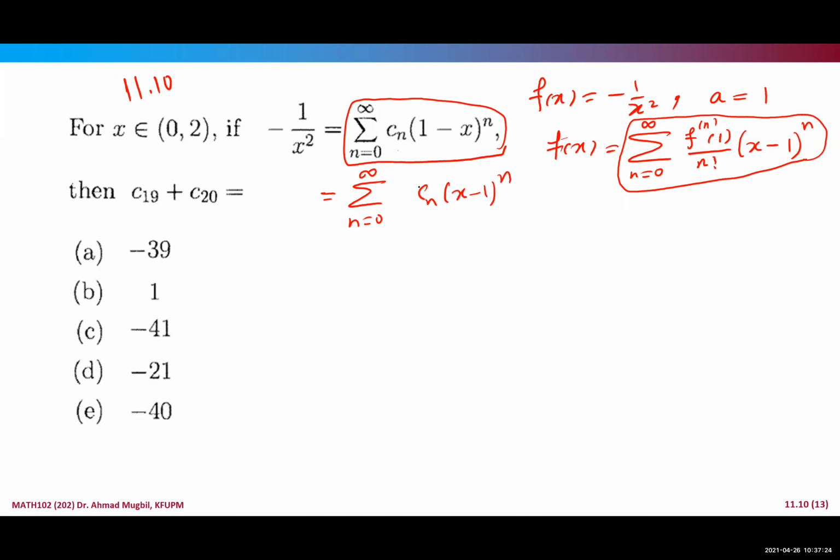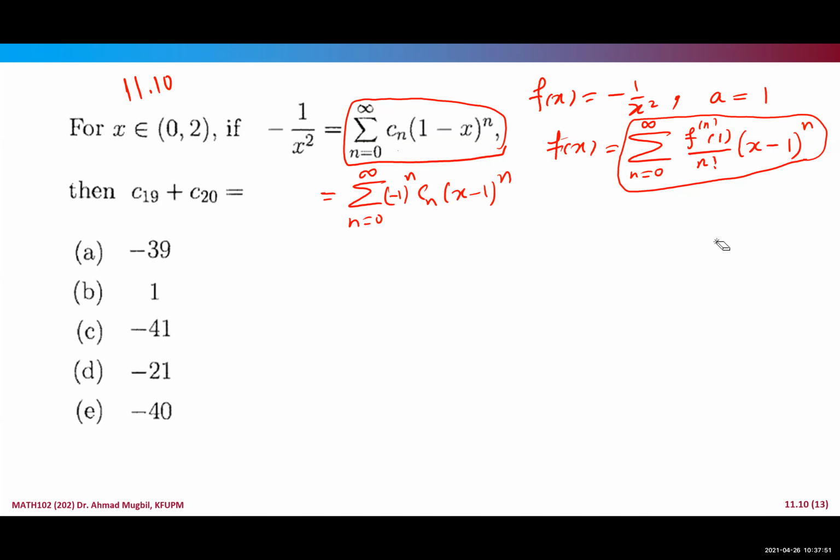Take negative as a common factor, so it becomes negative 1 to the power n. Or you can say this is the sum for n from 0 to infinity of negative 1 to the power n, the nth derivative at 1 over n factorial, times 1 minus x. You can say that, no problem. So let's keep it here.